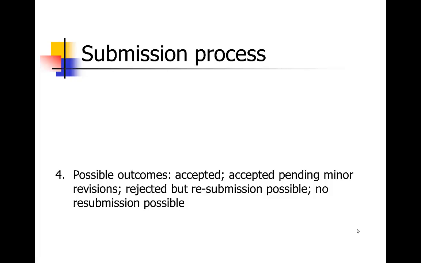It's vetted by a number of reviewers, and the editor looks at the critiques of the reviewers and decides that there's too many major problems with the paper, that it's not likely to be acceptable after revision, and they will send you back those critiques and say, sorry, we can't publish it, and they don't offer you the resubmission. So that happens.